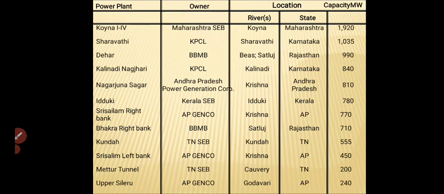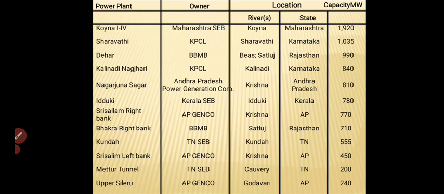The second one is Sharavati, located in Karnataka on the Sharavati river, with a capacity of 1035 megawatts. The third one is Dehar, located in Rajasthan on the Beas and Sutlej rivers, with a capacity of 990 megawatts.